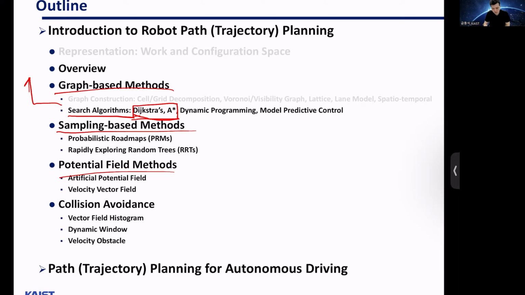So we classified these methods in that manner, but the solver, the search algorithm, can be applied to different problems, different methods. Okay, so let's introduce search algorithms here, and then we'll move on to other methods. Okay.